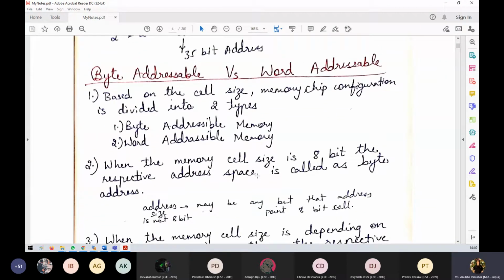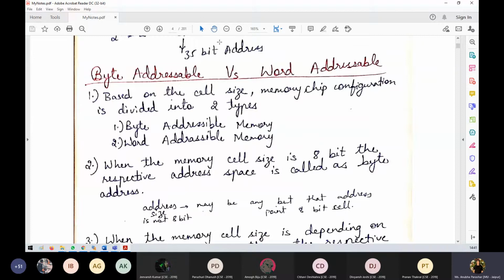Now, memory could be byte addressable or word addressable. Byte means when it has 8 bits, it becomes 1 byte, so it is byte addressable. When it is word addressable, we are not defining how many bits we are providing.